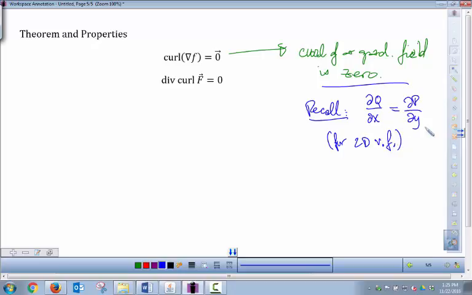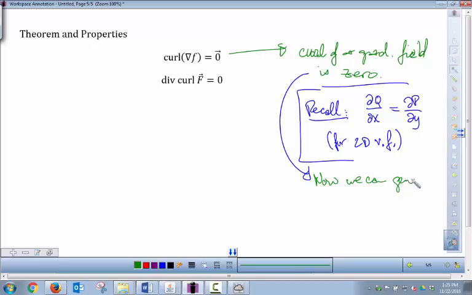Yeah, it's related to the second derivative test. We assume that p is some derivative with respect to x and q is a derivative with respect to y. So now this is just a generalization to 3D vector fields.